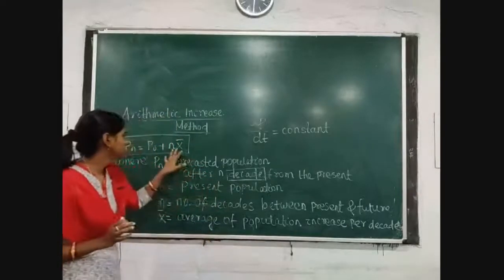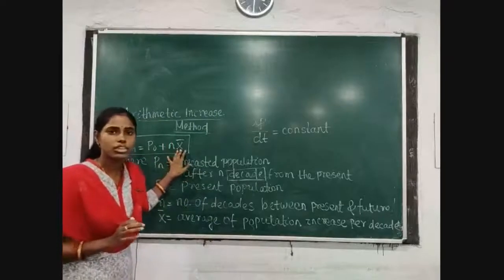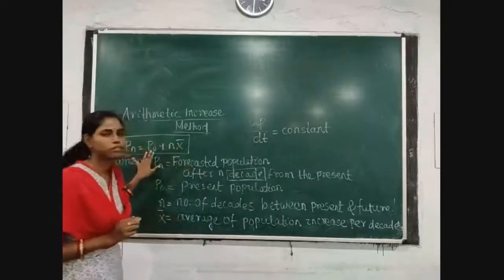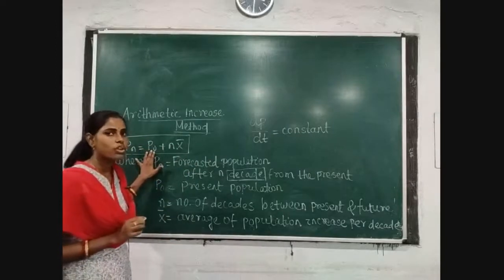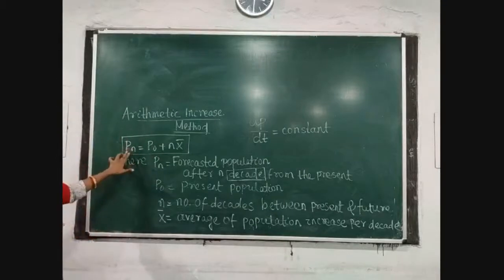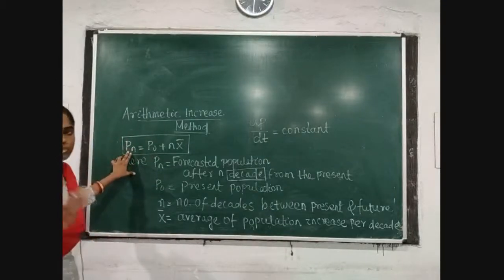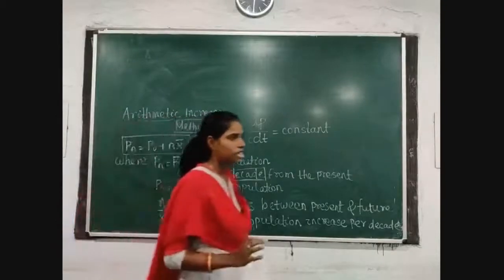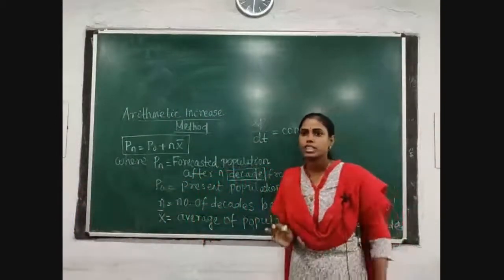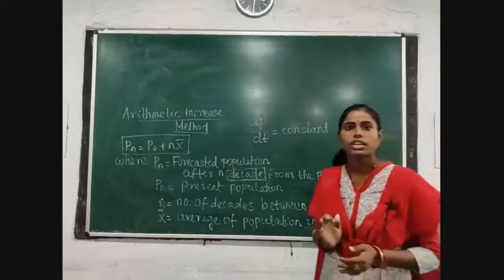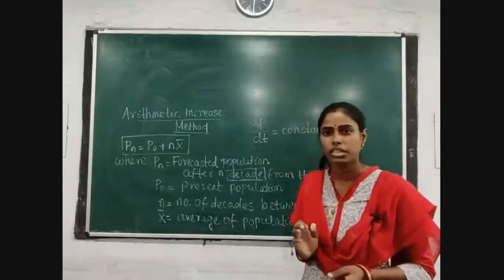This average increase, denoted as x bar, is added to the present population P0 in order to get the future forecasted population, that is Pn. This method will become clearer when we solve one example using the arithmetic increase method.